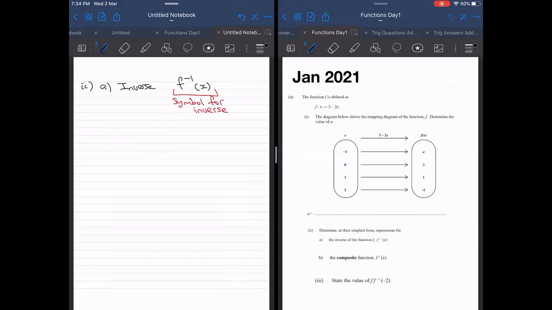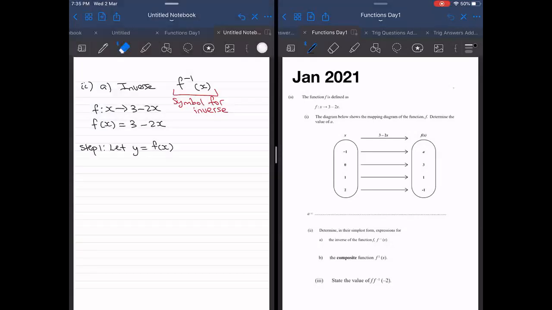Remember we know that f colon 3 minus 2x, we already said that we could rewrite this as f of x equal 3 minus 2x, right? Because that's the better way to look at it. So I'm saying that step 1 is to let y be equal to f of x, or replace.